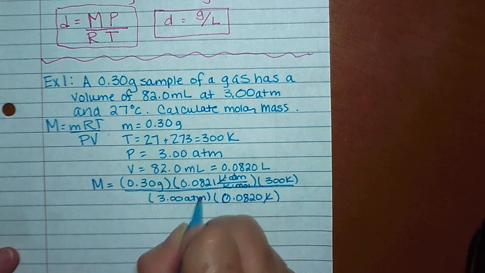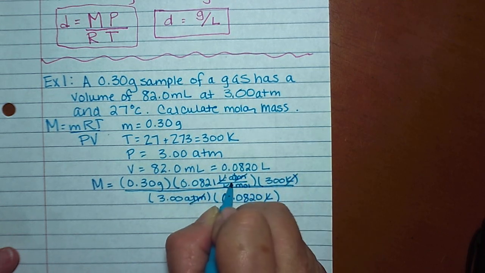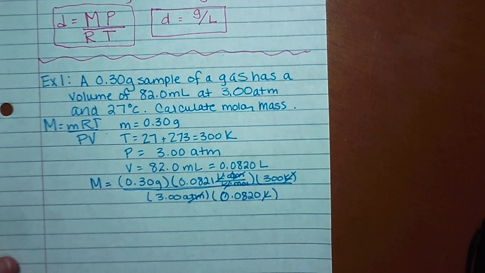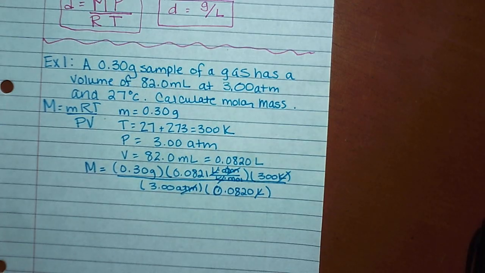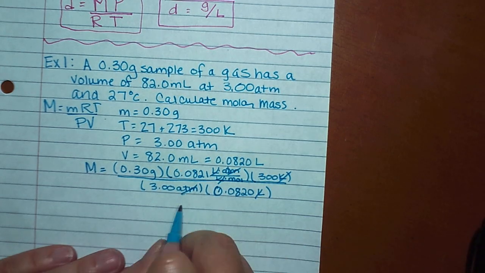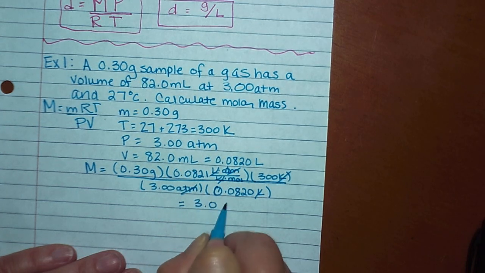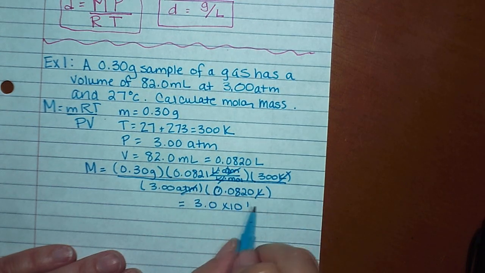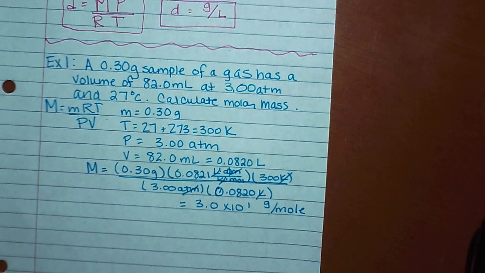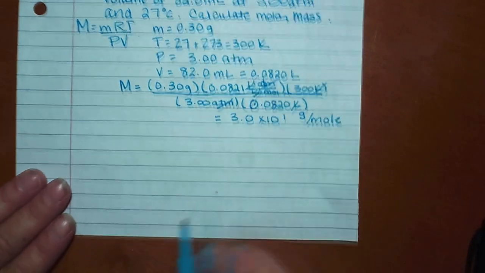My liters cancel, my atms cancel, my Kelvin cancels, and I'm left with grams over moles. So when I calculate this, I get 30, basically. So I get 2 digits, right? So I get 3.0 times 10 to the 1 grams per mole. That's the answer.